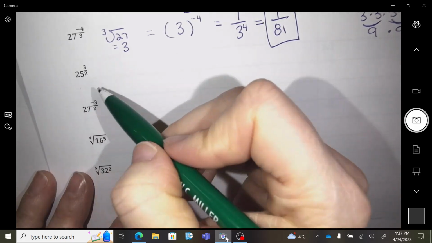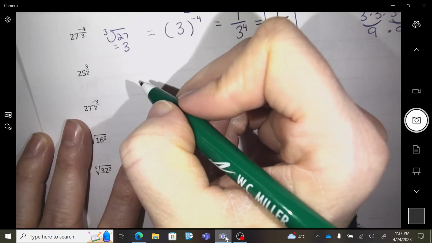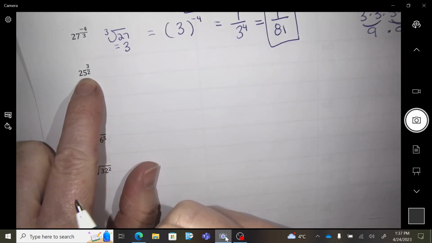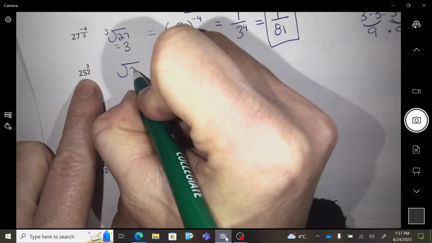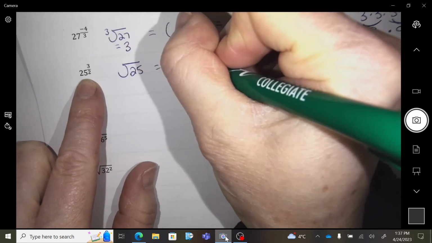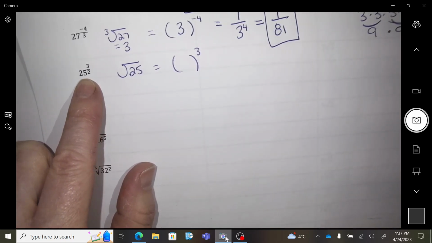Okay, do you know what we're going to tackle here? What do we do first? Do you want to do the cubing or the square rooting? What's easiest? First, the square root of 25, and then I would cube it.